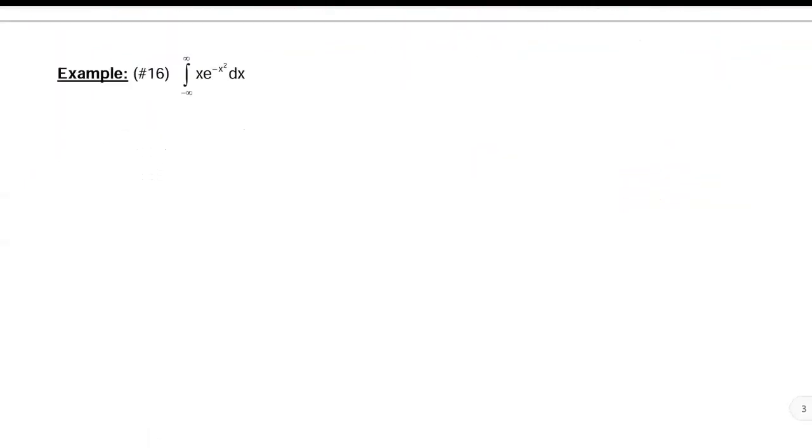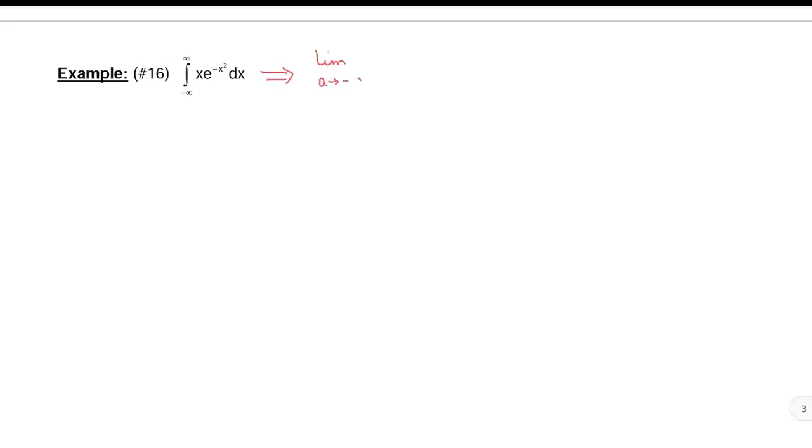This is number 16 from our book. Number 16 obviously has limits that are infinity. With the infinite limits on both sides, I'm going to have to break this up into two integrals. I'm going to start with using the variable a.